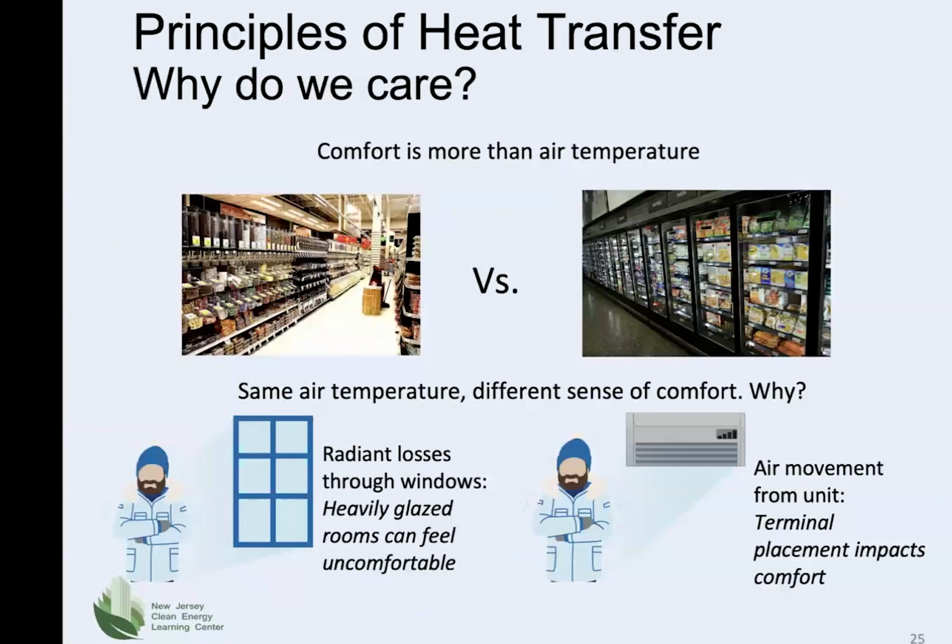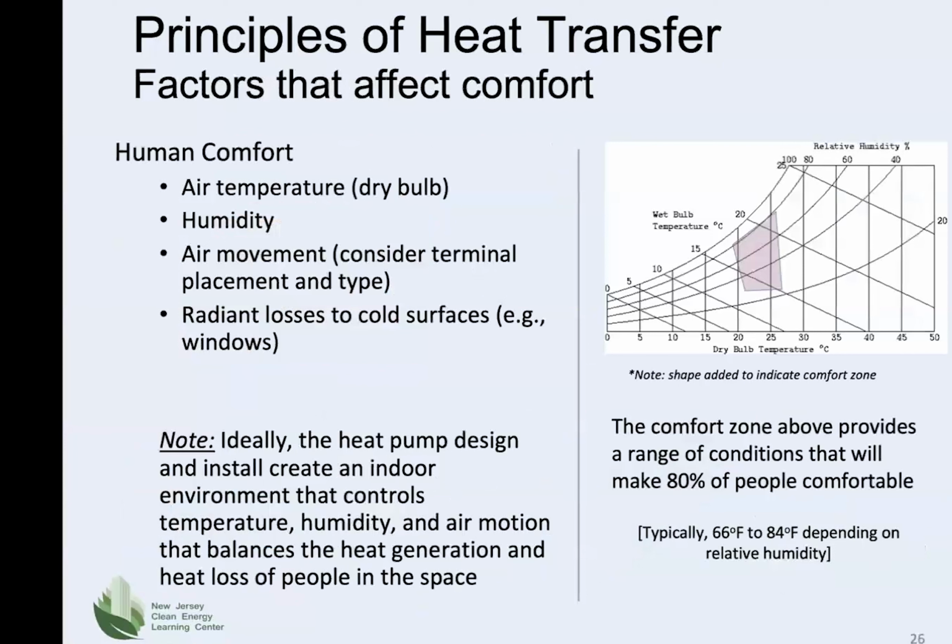Radiant heat loss and air movement should be considered when addressing customer comfort. In addition to dry bulb temperature, occupant comfort also depends on humidity, air movement, and radiant losses to cold surfaces, such as a window pane on a cold day.